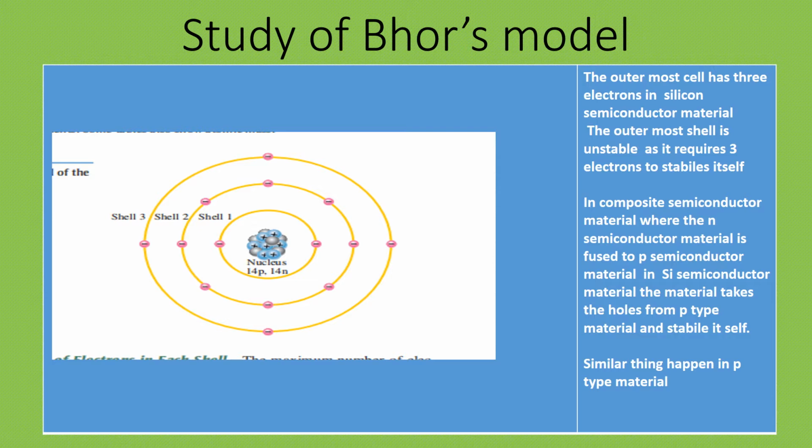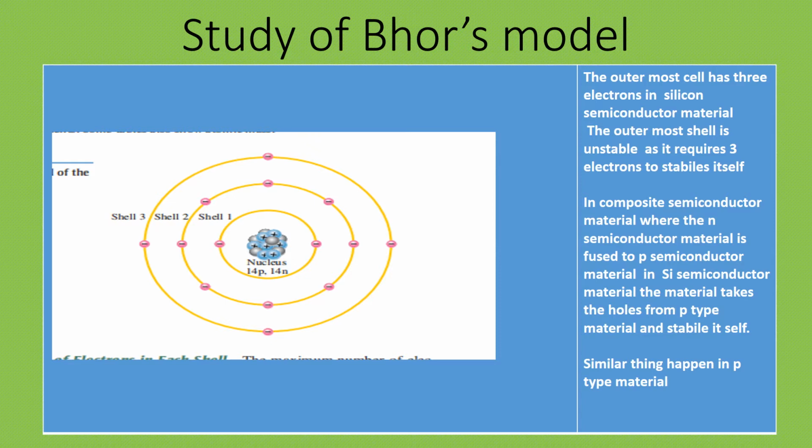You can see here the outermost shell of some semiconductor material. Mostly it is a silicon material. You can see that it has only 4 electrons. How many electrons should it have according to the periodic table? It should have 8 electrons, so that stability is attained.